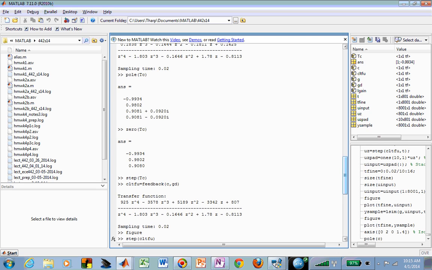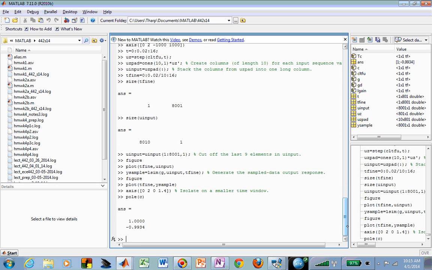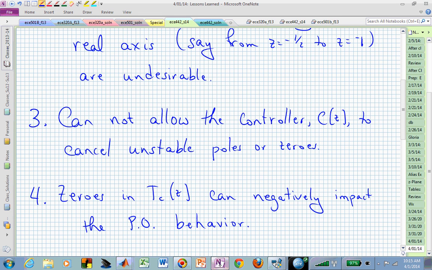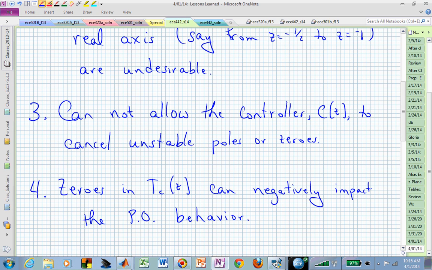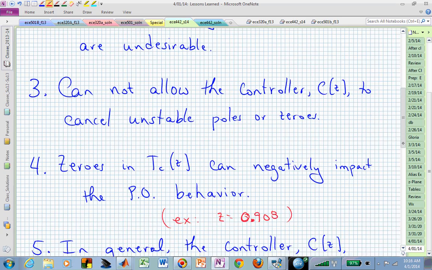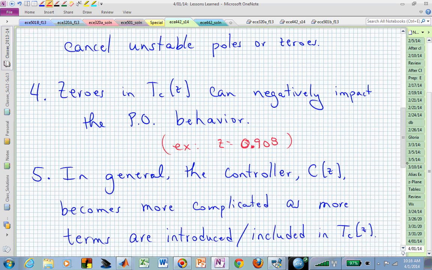We have a zero at 0.908. That was the zero that we used to fix our steady state error spec, but that zero at a real value in the example is pretty close to z equal 1, and that now negatively impacts the percent overshoot behavior.